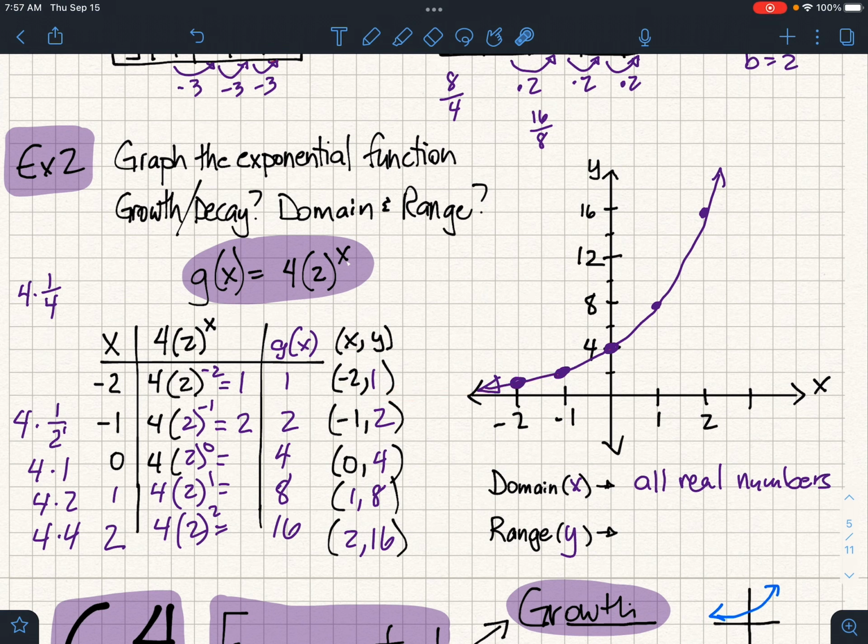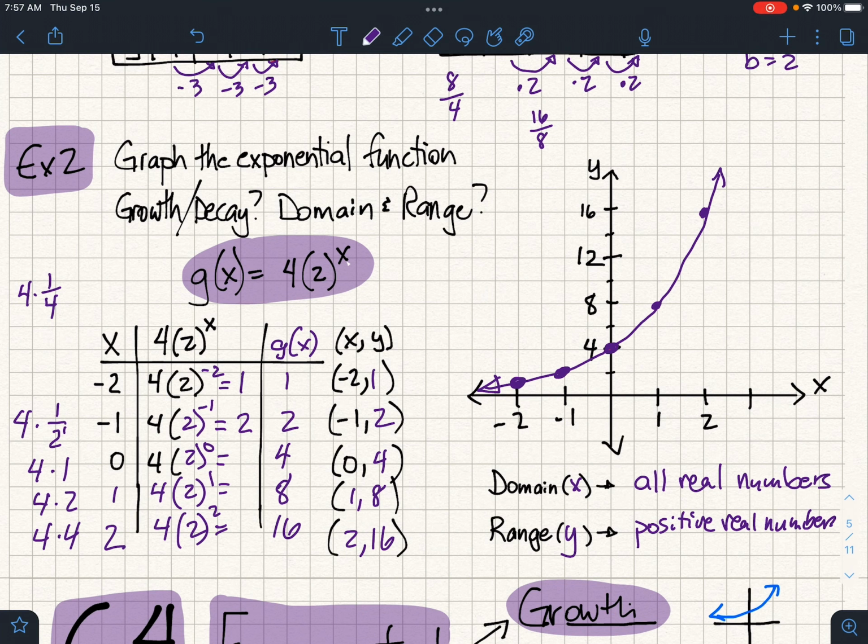I don't think this graph is going to go below the x-axis. How do I know that? I look up here and I see that I don't have any negatives. So this is always going to be a positive number. So my range are only positive real numbers. All right?